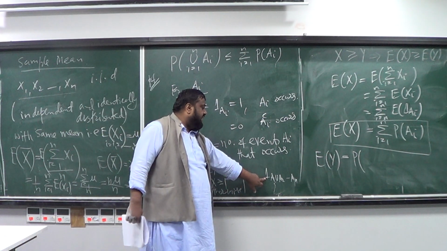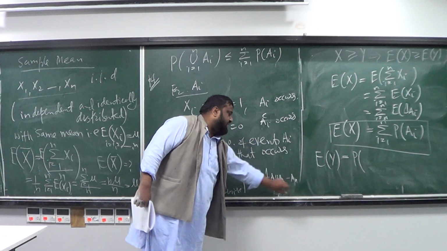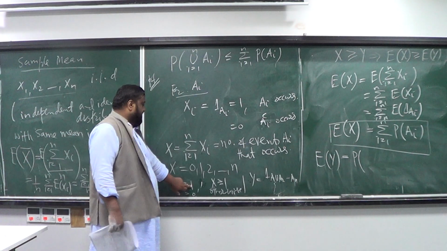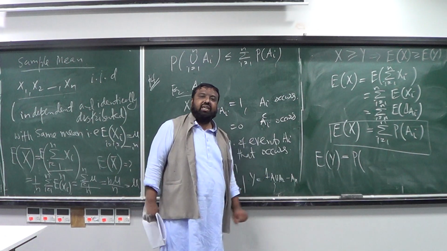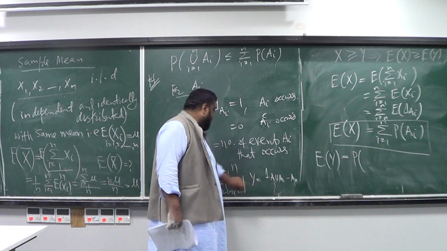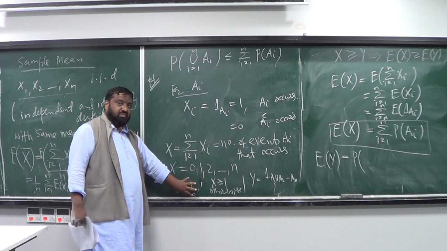Y is going to be equal to 1 if at least one of these occurs, and Y is going to be 0 if none of the A1, A2, ..., An occurs.